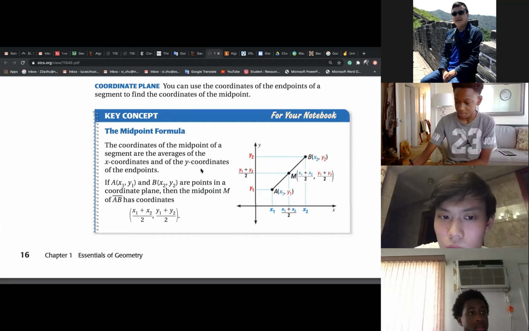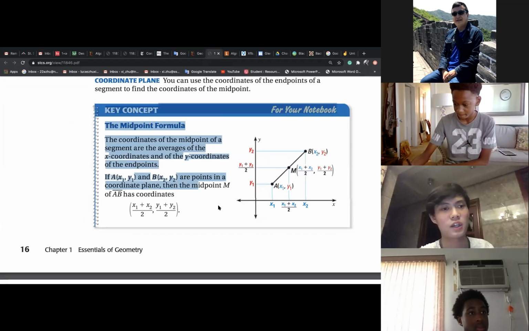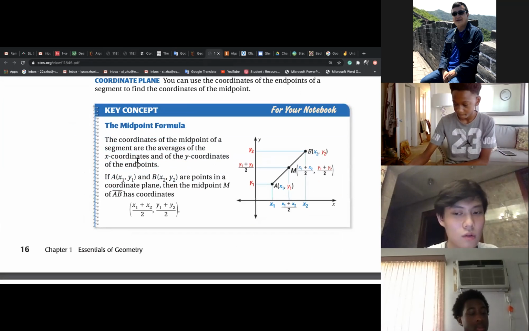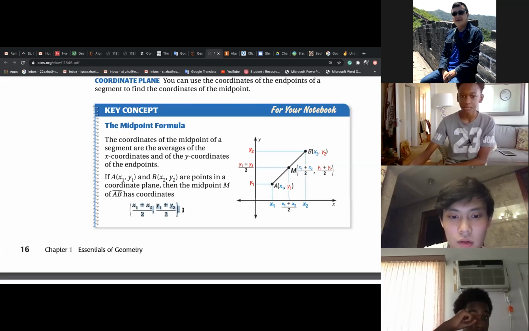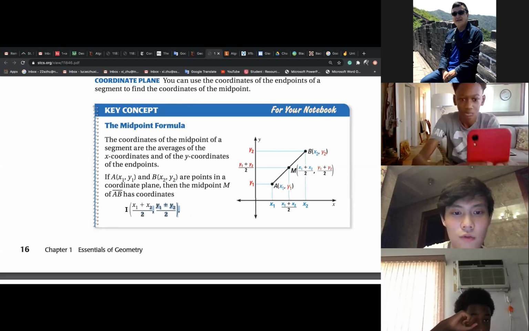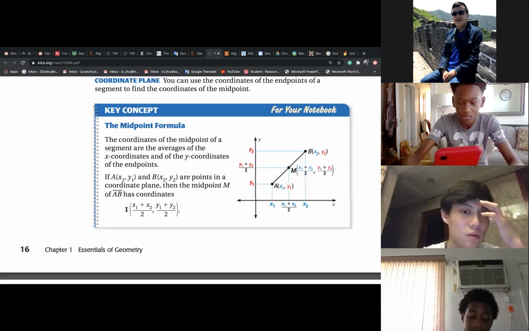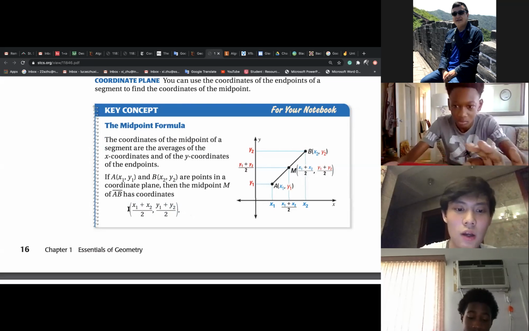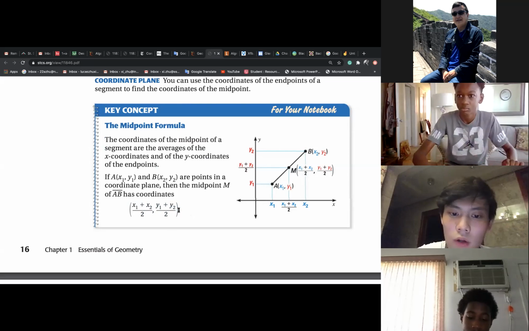And here this is the key concept. Do you guys have a notebook with you right now? Write this down. This is the formula. It's really important. This is the midpoint formula that I mentioned before.